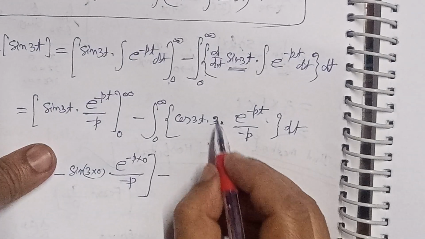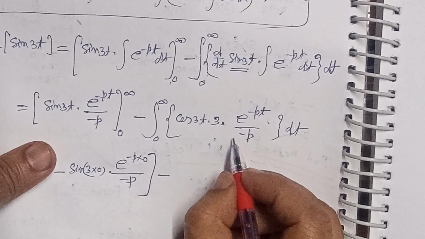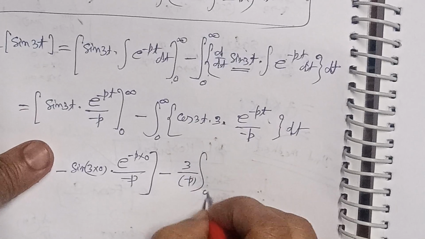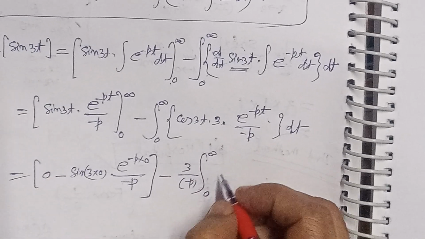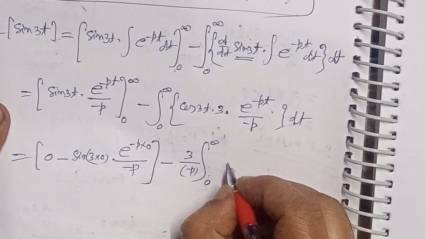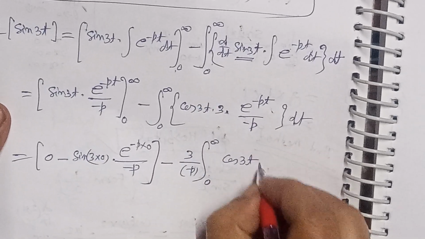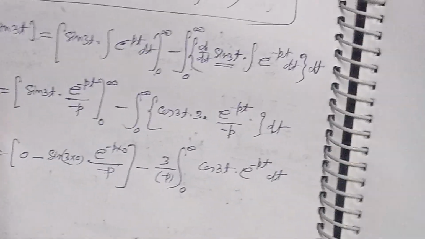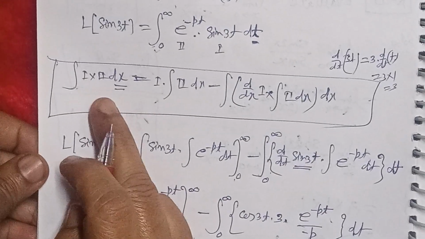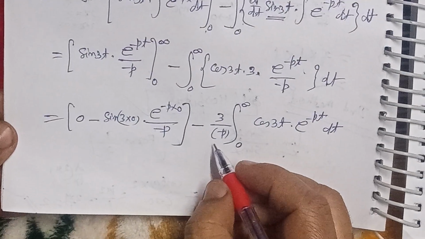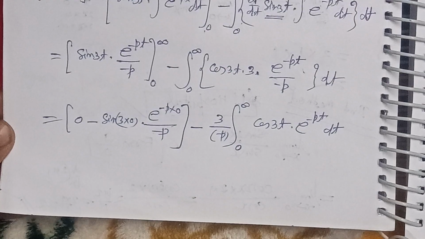Minus, here 3 upon minus p is constant, so we take out 3 upon minus p from the sign of integration 0 to infinity. This becomes cos 3t and e to the power minus pt dt. Again we apply this formula for integration of multiplication of two functions.